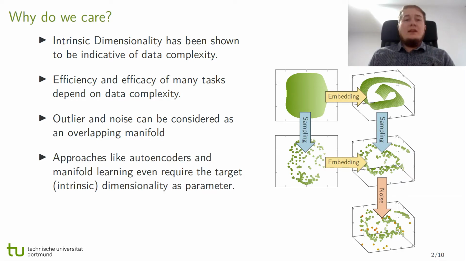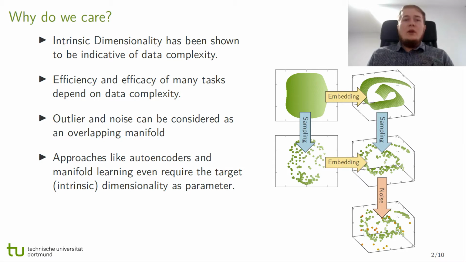Further, approaches like autoencoders in manifold learning have made advances in utilizing the manifold-based data generation paradigm and opened up dimension reduction techniques for nonlinearly embedded data. But they both generally require a target dimensionality as a parameter, either in form of a network shape in the case of autoencoders or as a number in the case of manifold learning. Assuming the approaches can successfully learn the manifold from the data, the true intrinsic dimensionality is a correct parameter for these approaches.